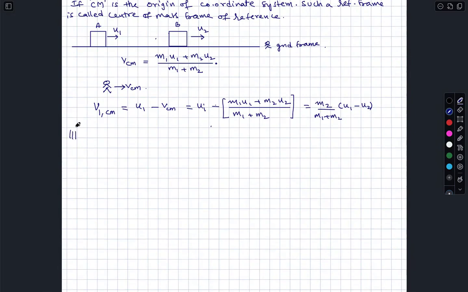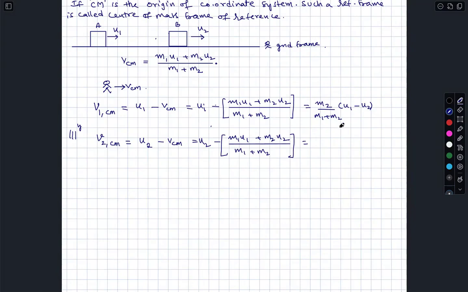Similarly, velocity of 2 with respect to center of mass is u2 minus vcm, which is u2 minus (m1 u1 plus m2 u2) divided by (m1 plus m2).